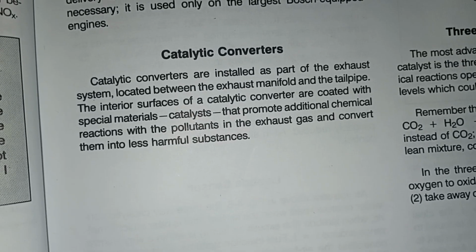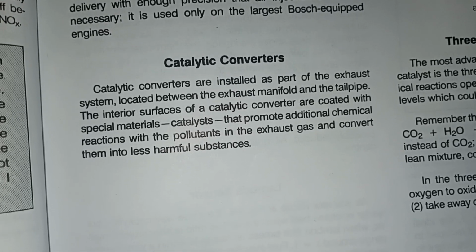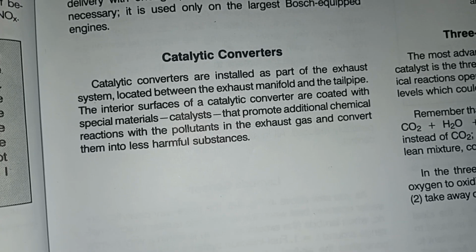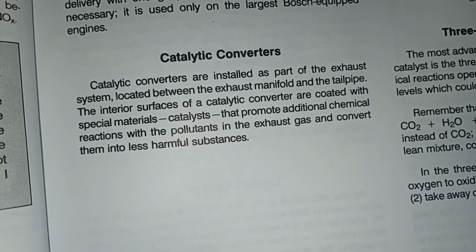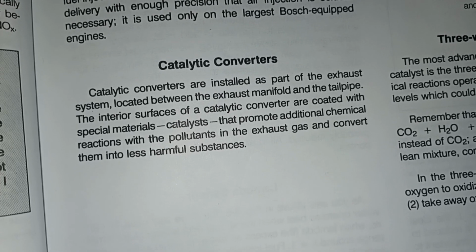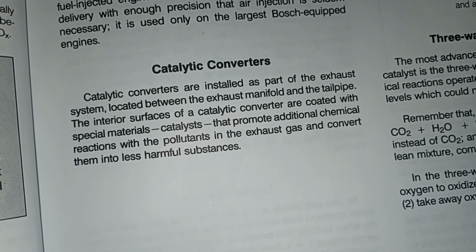Catalytic converters are installed as part of the exhaust system located between the exhaust manifold and the tailpipe, exhaust pipe, silencer. The internal surfaces of a catalytic converter are coated with special materials, catalysts, that promote additional chemical reactions with the pollutants in the exhaust gas and convert them into less harmful substances.